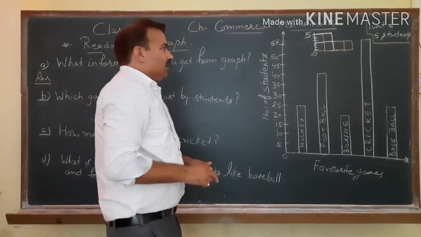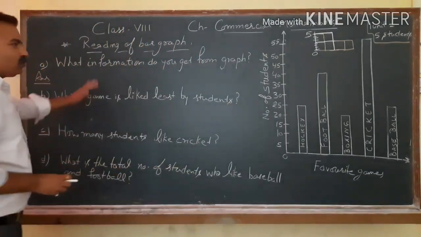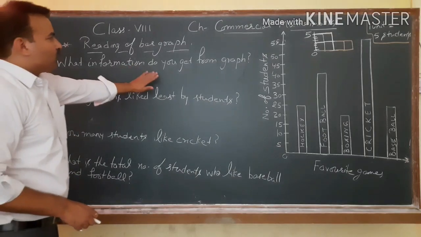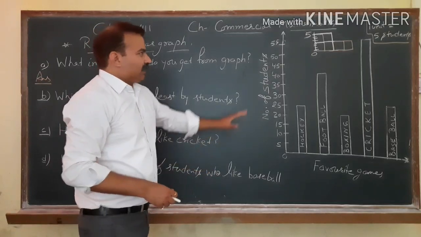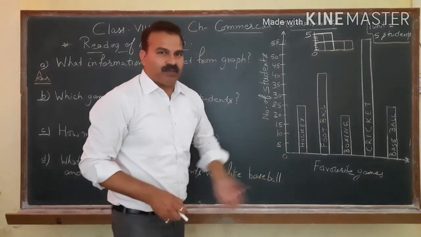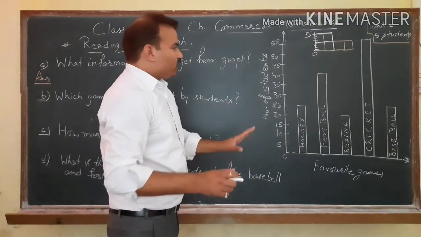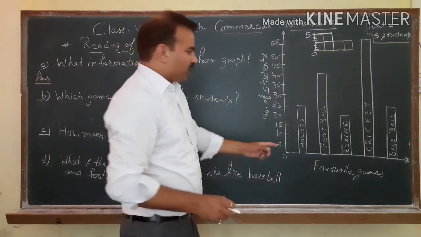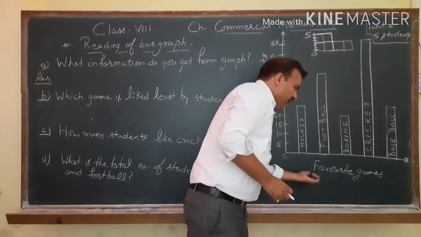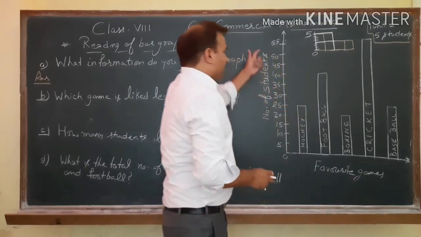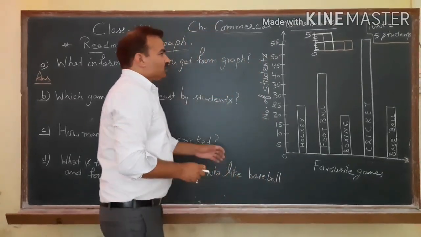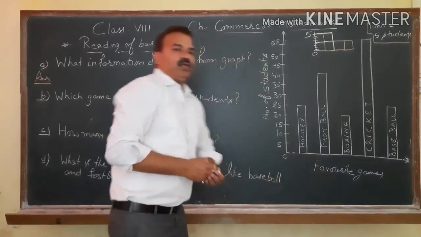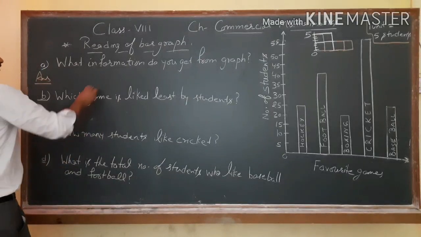Now, how to read the bar graph, what are the questions they have asked? The very first thing is, what information do you get from the graph? It's very clear that this type of question we have to answer by looking at the wordings written on the x-axis and on the y-axis. Here it's written number of students and here the favorite game. So we can write the answer.